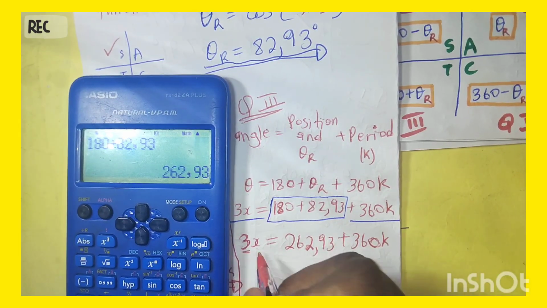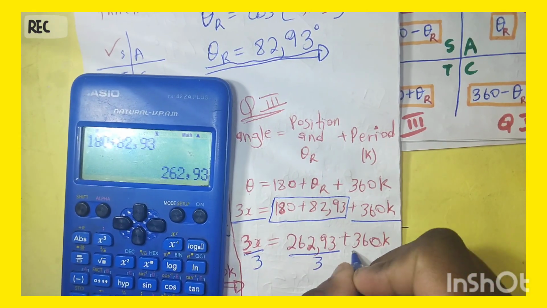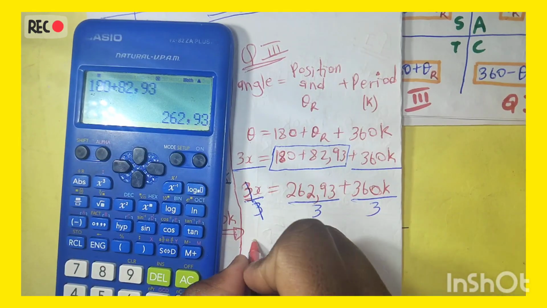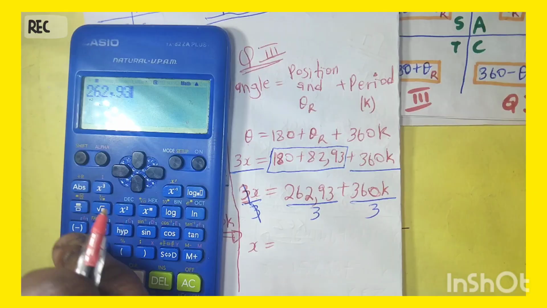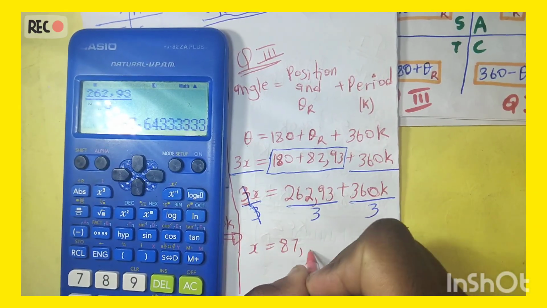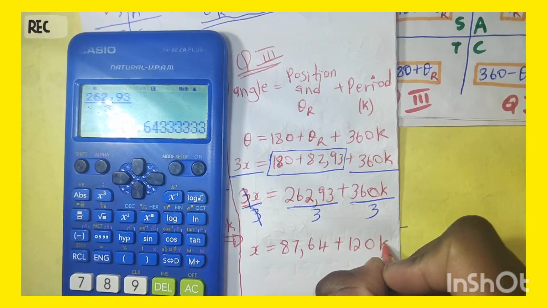And now what is in front from what I need, I divide by it there. Divide by this thing, these two things, they cancel. Then I'll end up having that x there, which is this there, 262.93 divided by 3. So this is what I will get there, 87.64 plus here it's just 120k.